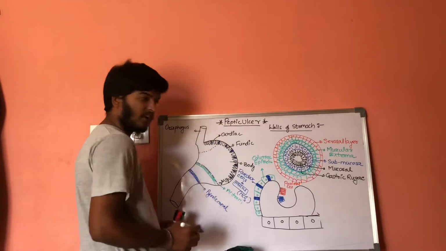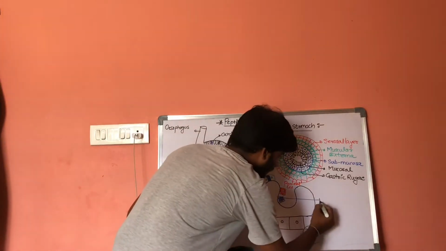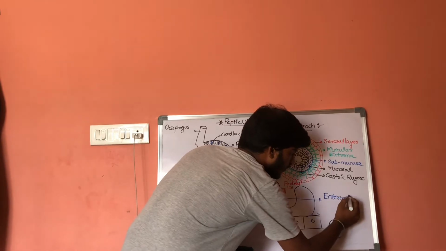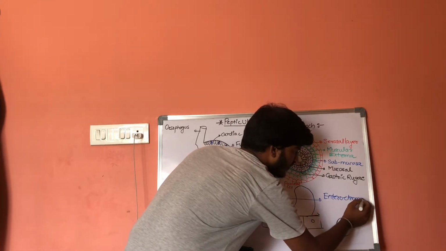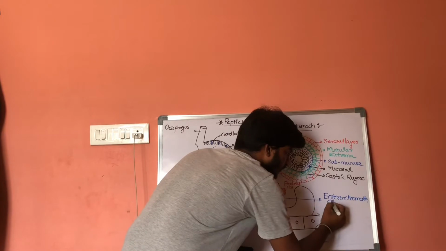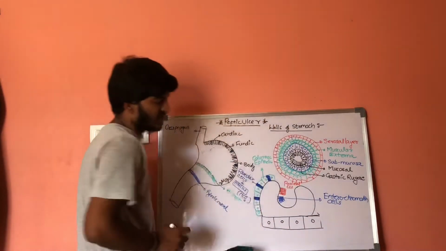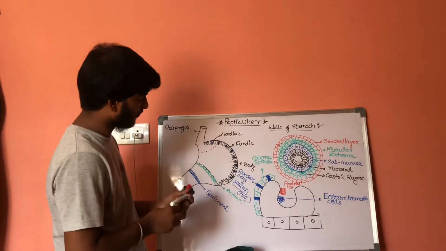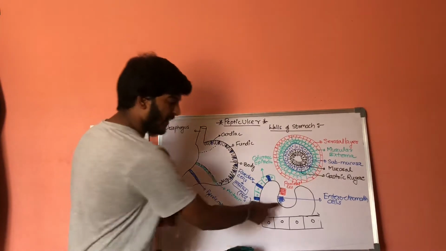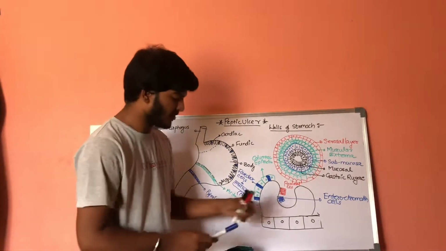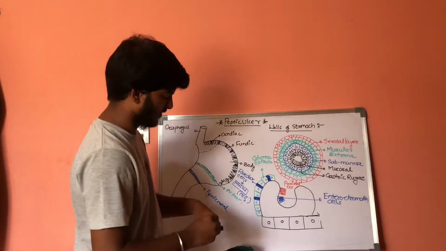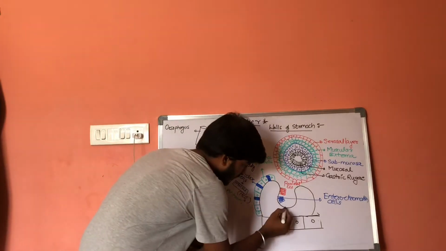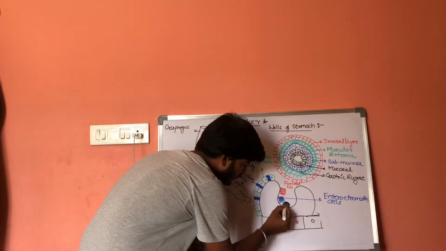These special cells are called enterochromaffin cells, whereas at the depth, at the middlemost part of this pit, it consists of special cells.